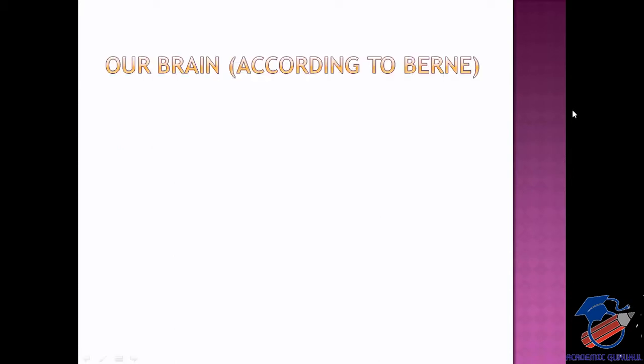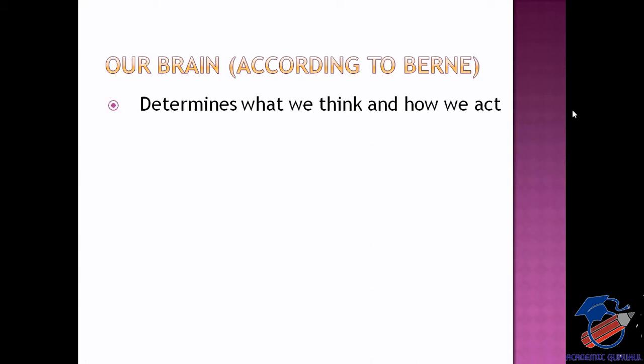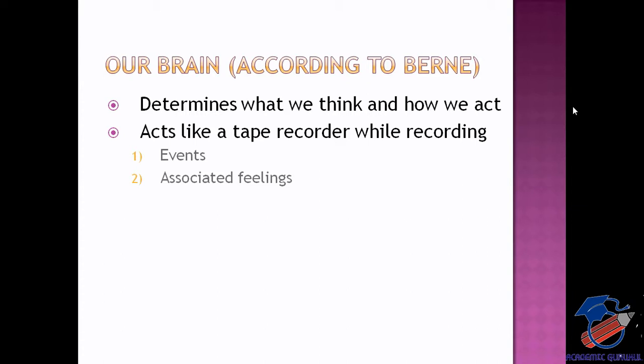So as I said, our brain is three. Berne explained that our brain determines what we think and how we act. जो भी काम करते हैं, जो भी हमारी सोच है, वो हमारा brain decide करता है. The brain acts as a tape recorder, recording events and associated feelings. Everything that gets recorded in our brain, कोई भी event होगा, whatever feelings we have, it all gets recorded in our brain.